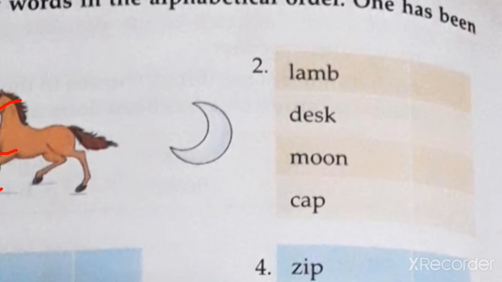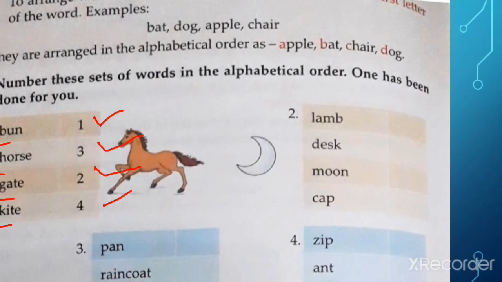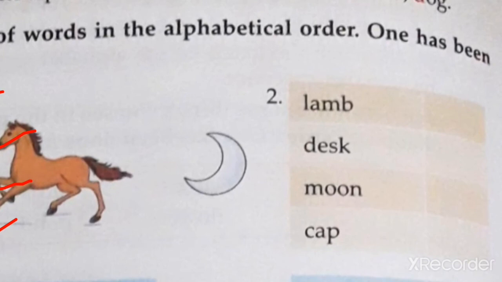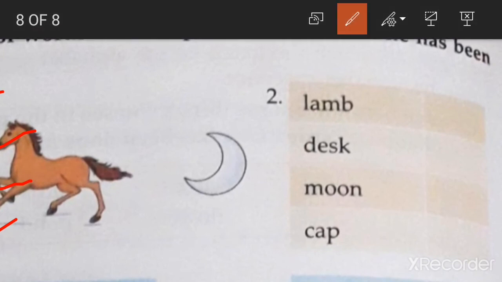Now look at these words. Lamb, L-A-M-B, lamb, starts with L. Desk, D-E-S-K, D. Moon, M. Cap, C. Now read again ABCD.